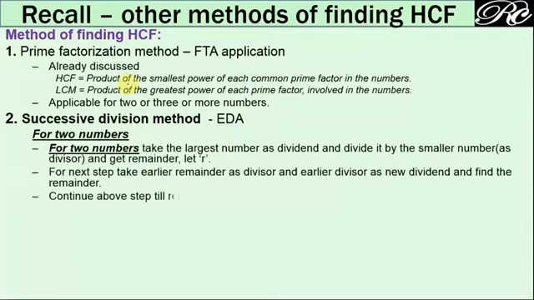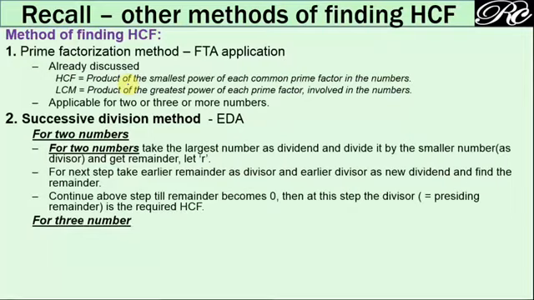Therefore, we can write it like this. For two numbers, take the largest number as dividend and divide it by the smaller number as divisor and get the remainder. This is our first step. Then for the next step, take the earlier remainder as divisor and the earlier divisor as the new dividend and find the remainder.